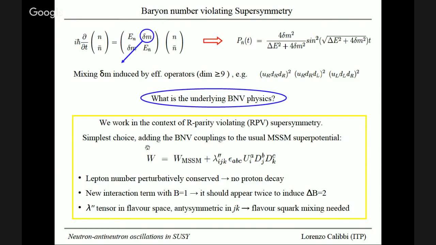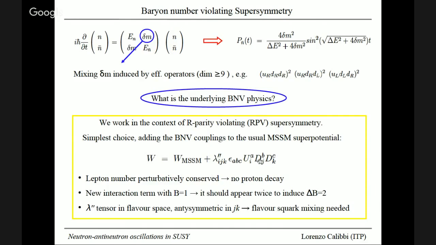If we write only this new term in the superpotential, we have no lepton number violation, at least at the perturbative level. So this means that, as I was mentioning before, no proton decay can be induced. But this term violates the baryon number by 1 unit.